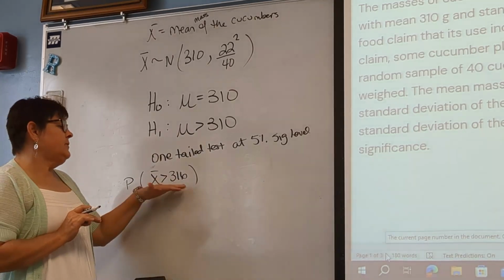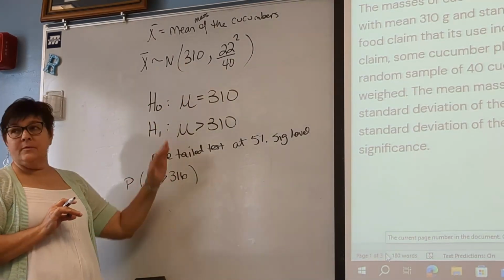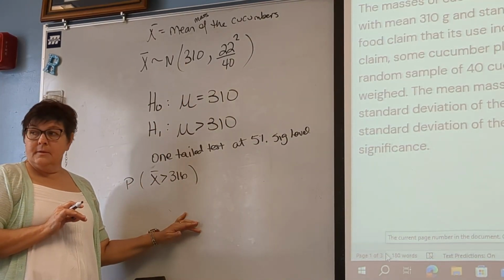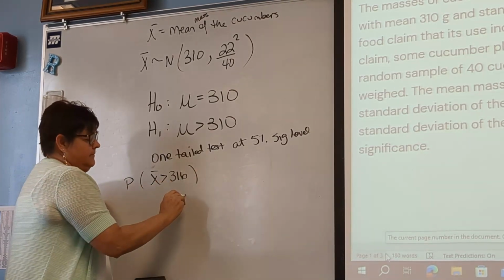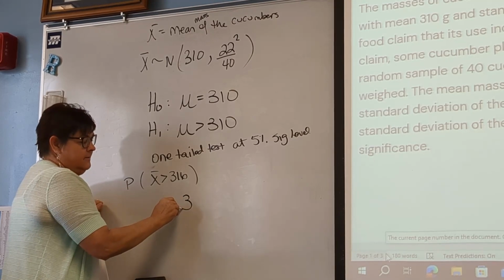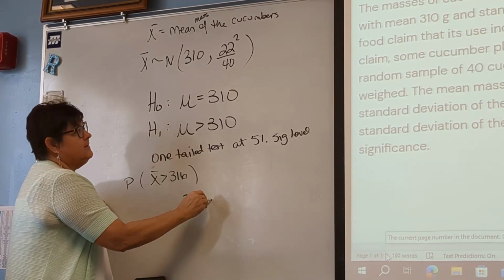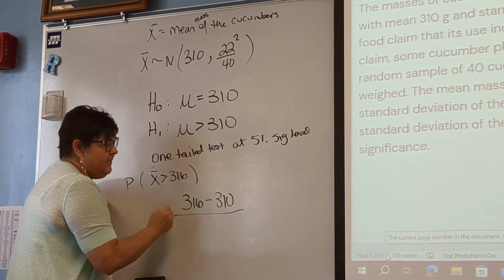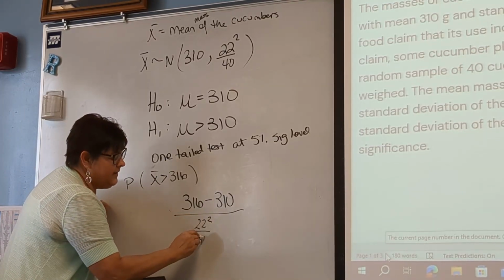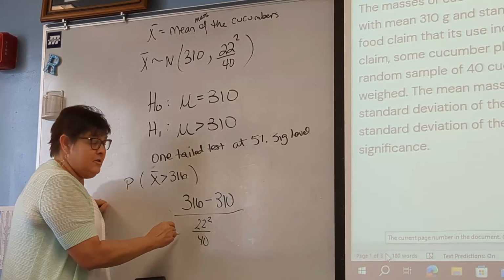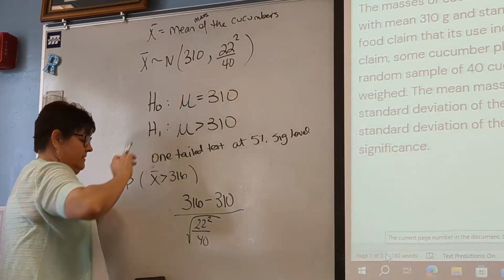Okay, so now we have to use our z-score test because it's a normal, so we're going to do our z-score. So set me up, what's my z-score? Can somebody tell me what to write? 316 minus 310, good, divided by the square root of 22 squared over 40, because it's a standard deviation, right? And that's the variance.